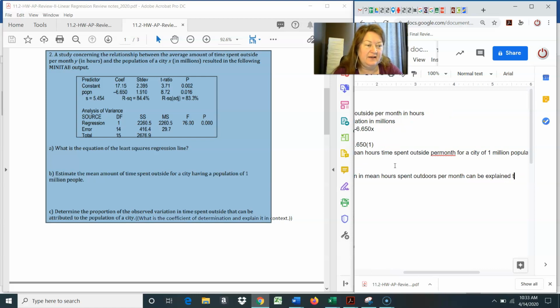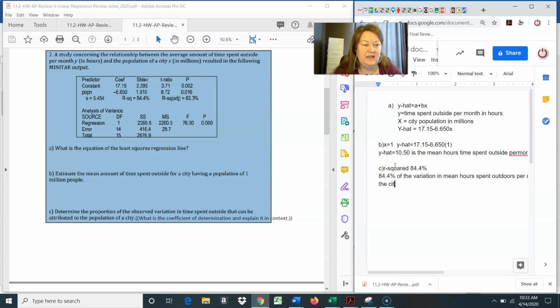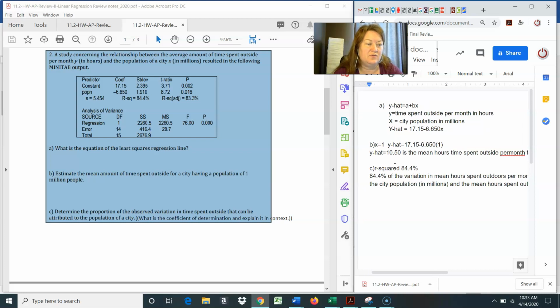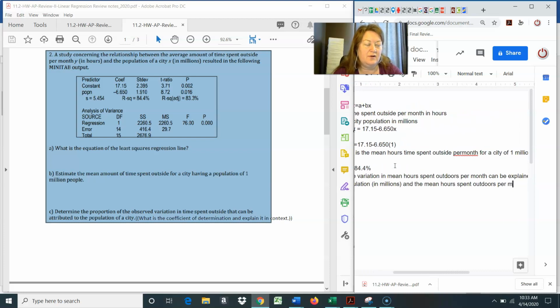explained by, sound familiar, the linear relationship between our x and our y, between the city population, and I'm going to again say in millions, and the mean hours spent outdoors per month.